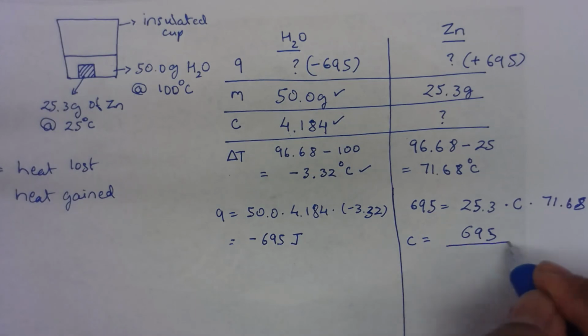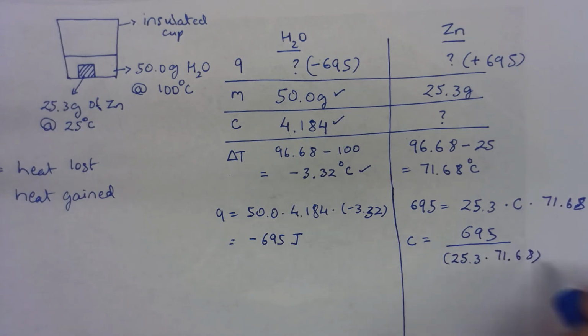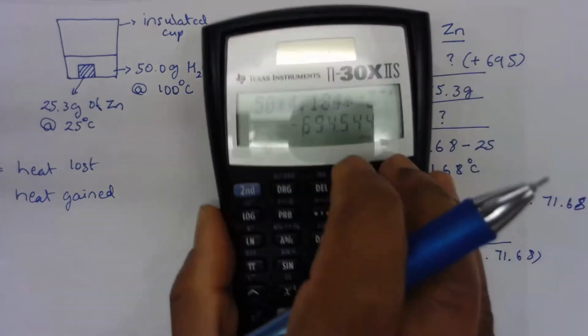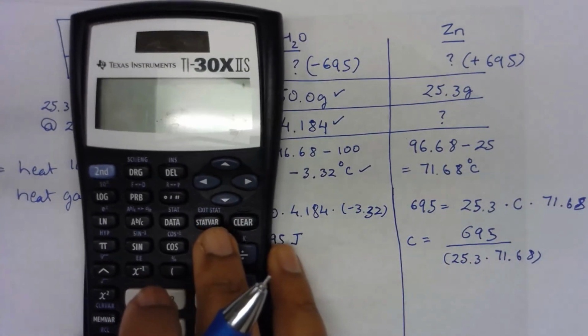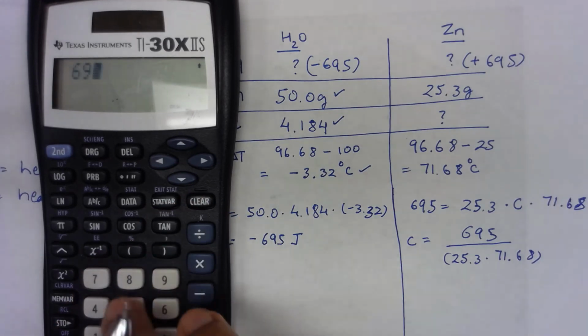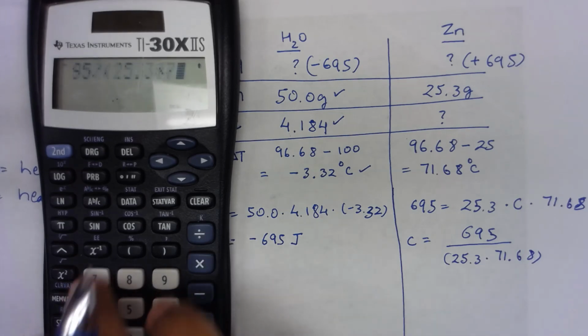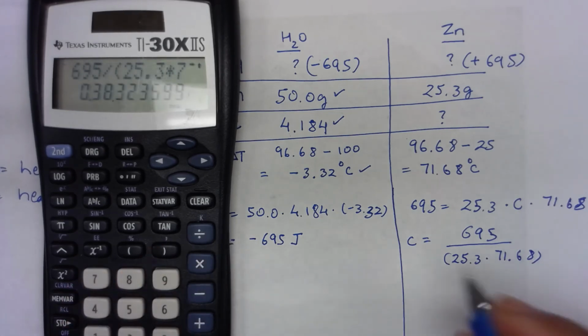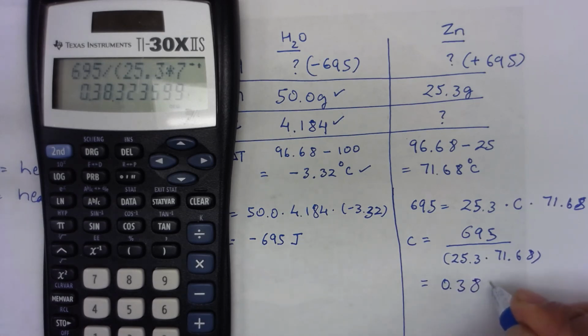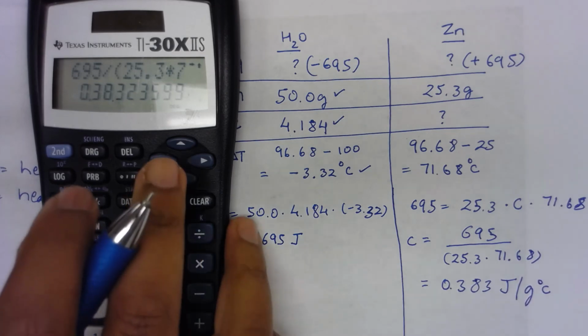So C would be equal to 695 divided by 25.3 times 71.68, which gives me 0.383 joules per gram degree Celsius.